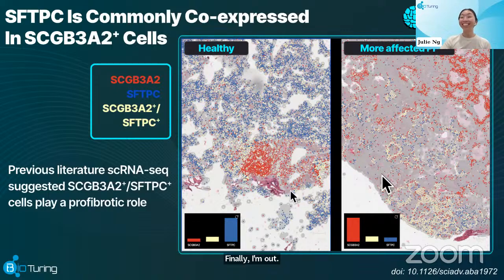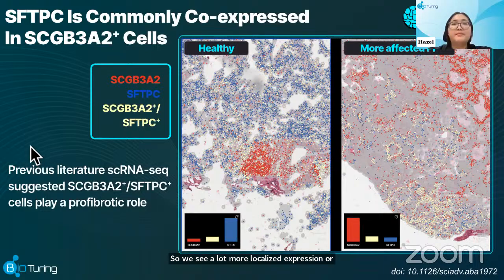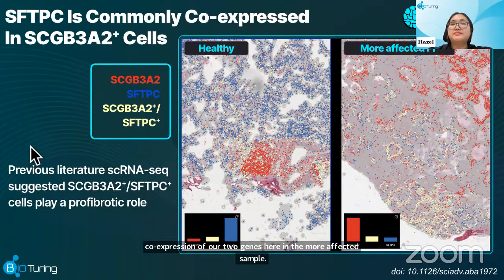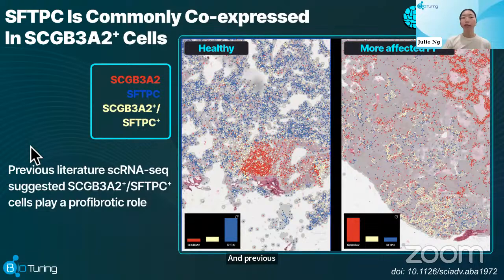Okay. So, continuing where we left off, we see a lot more localized expression, or co-expression, of our two genes here in the more affected sample. And previous literature also suggests that the co-expression of these two genes may play a pro-fibrotic role, which could be interesting to investigate.